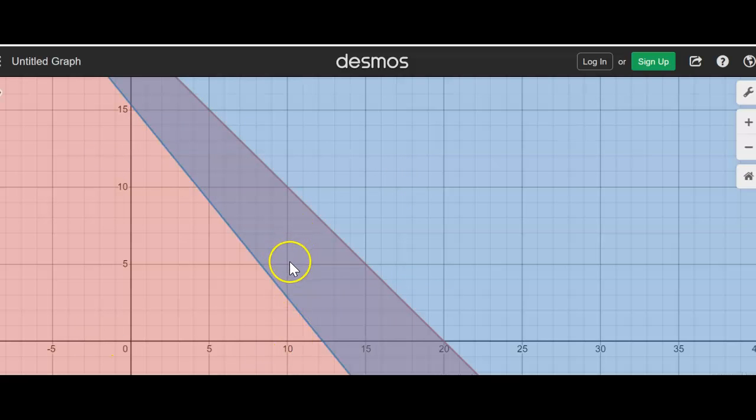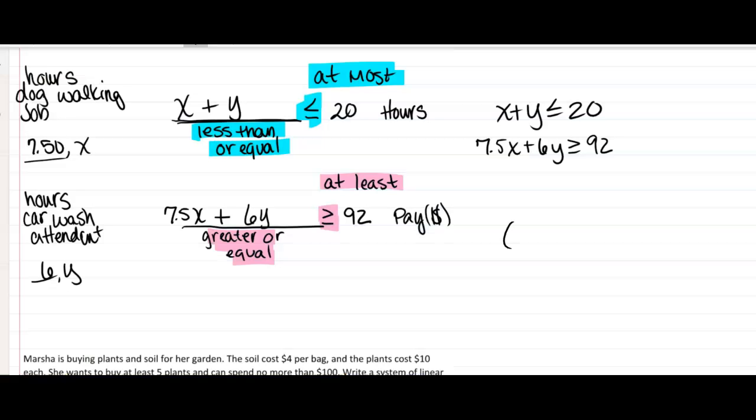So in this case, I'm going to choose this point right here where x is 10 and 5 is y. So I'm going to put 10 and 5 where my x is 10 and my 5 is y. Your x represents the hours dog walking, and the y represents hours as a car wash attendant.